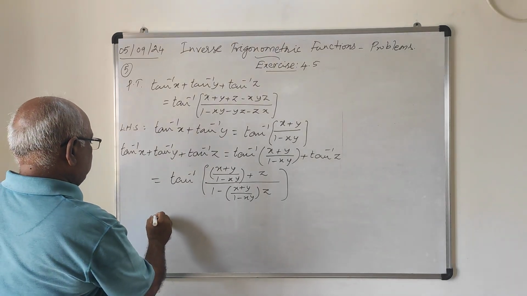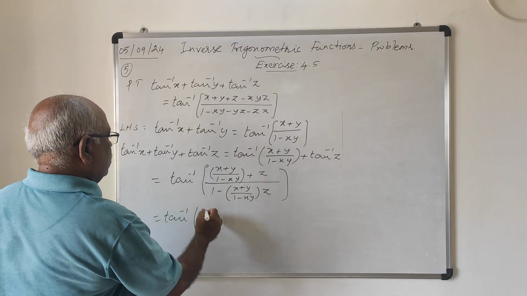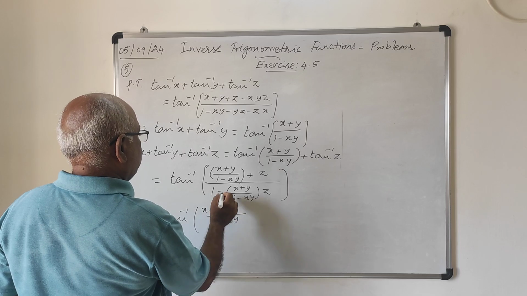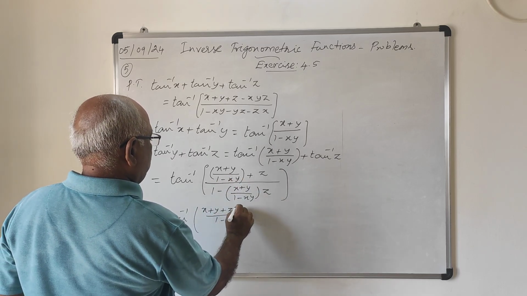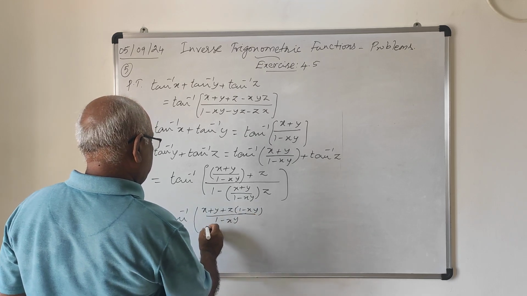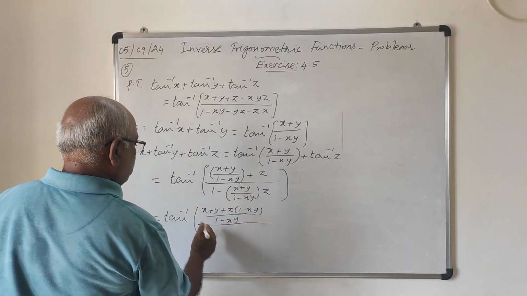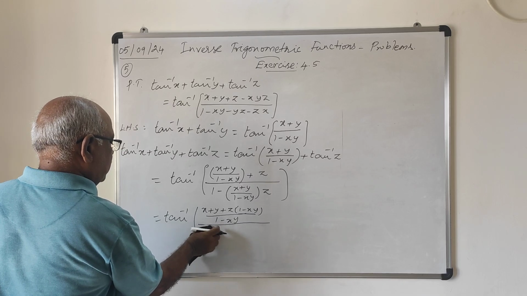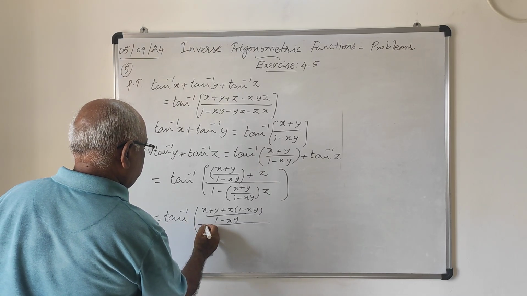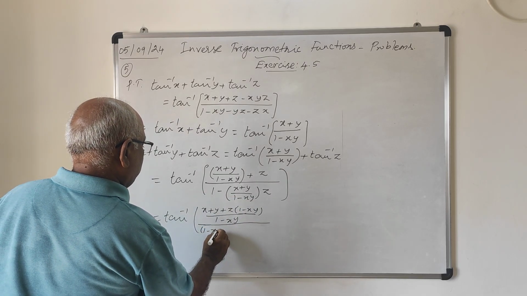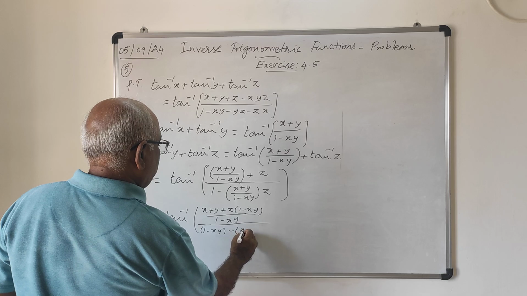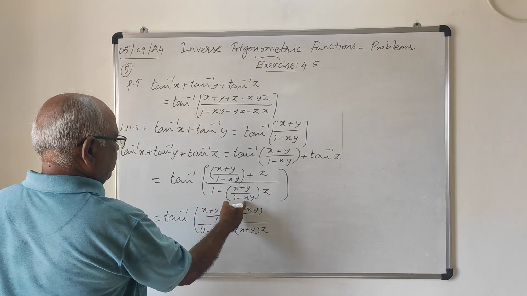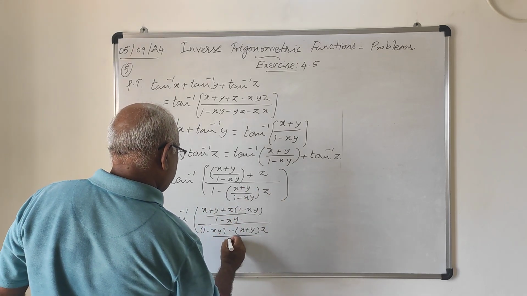Okay. Now this is equal to tan inverse of, by taking LCM as 1 minus xy in the numerator, you will get (x plus y plus z into (1 minus xy)) by, in the denominator also, 1 into (1 minus xy) is 1 minus xy, minus of (x plus y) into z, divided by the denominator 1 minus xy.